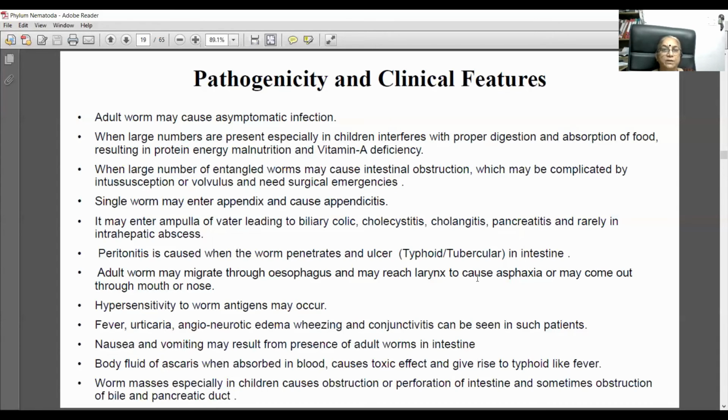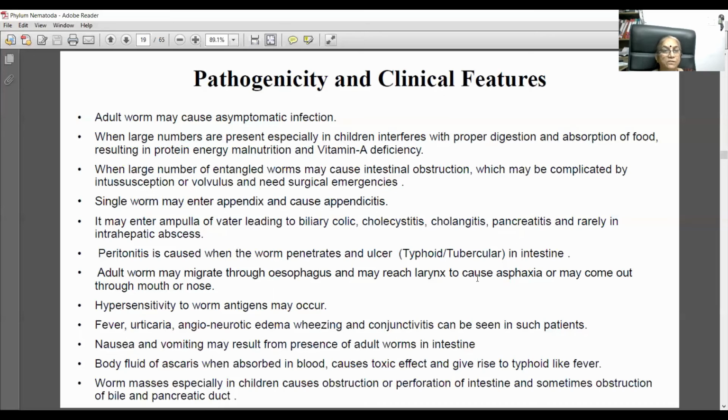When the worms are present in the liver, they have got the habit of penetrating. So the architecture of this liver has been broken down, and the abscess is formed in that particular liver, and this is known as the intrahepatic abscess.